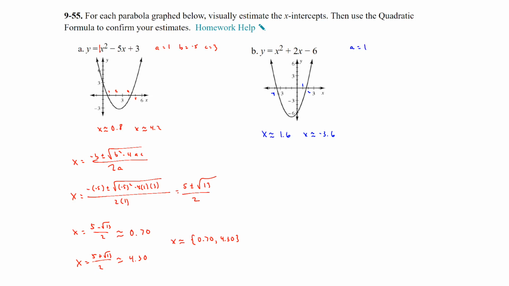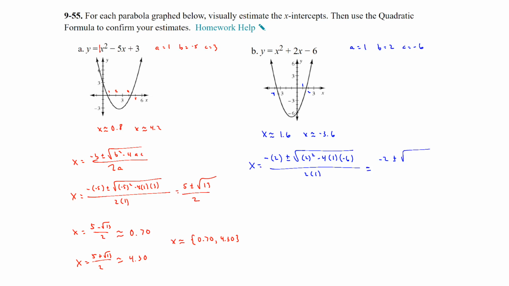A is equal to 1, B is equal to 2, and C is equal to negative 6. So x equals the opposite of B plus or minus the square root of b squared minus 4 times a times c, divided by 2 times 1. So that looks like we'll get 2 plus or minus, negative 2, or opposite. So 2 plus or minus the square root.